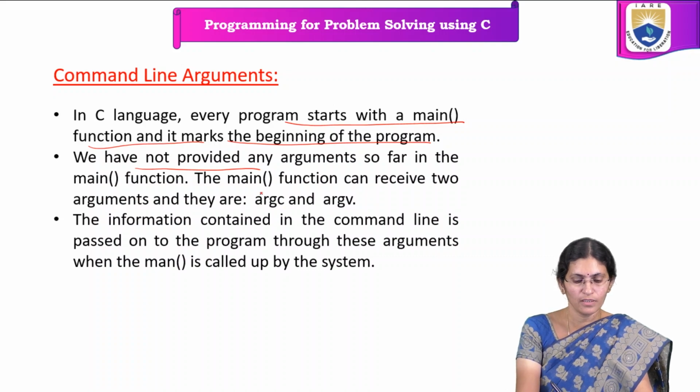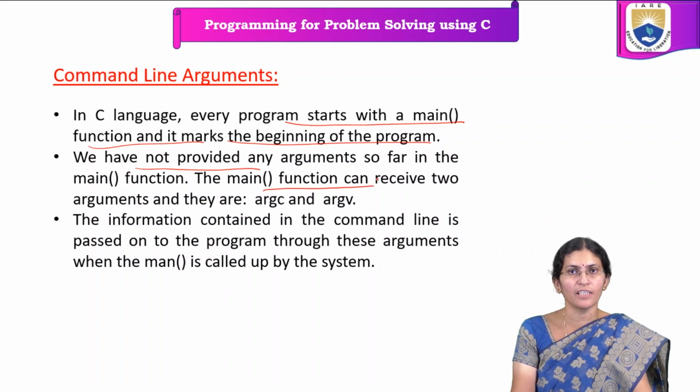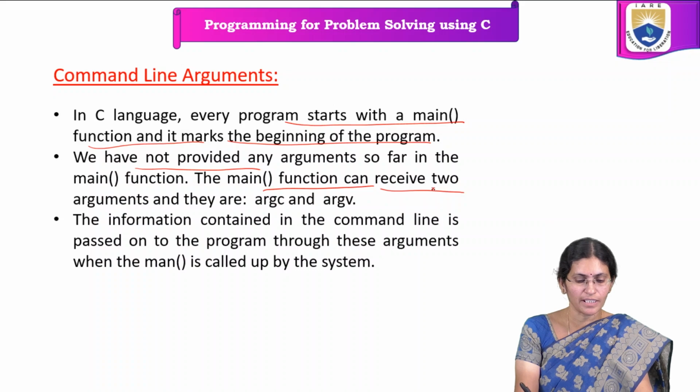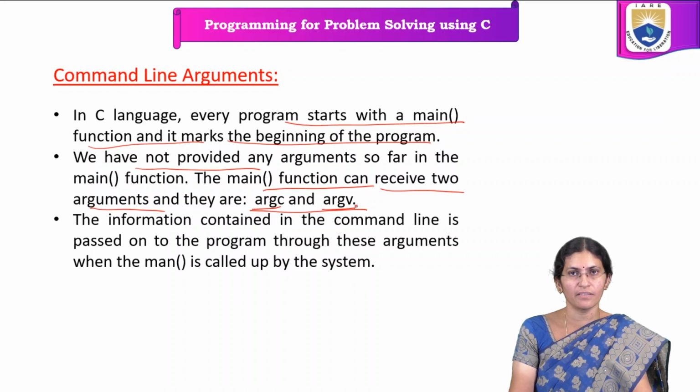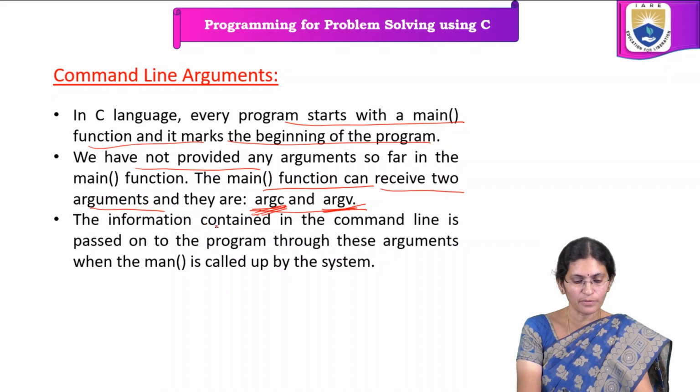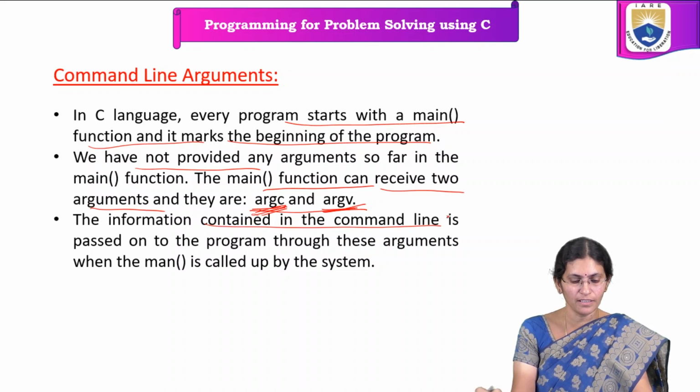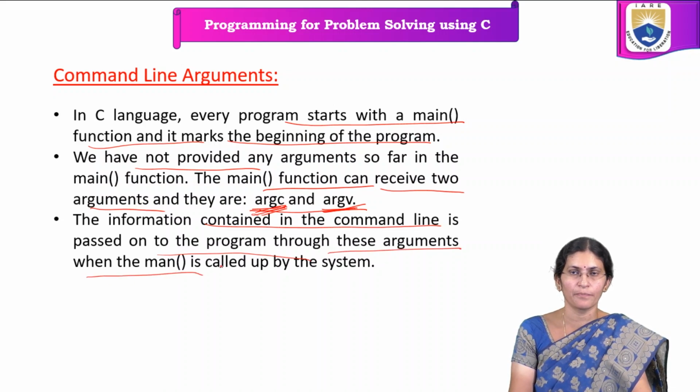With the help of command line arguments, the main function can receive two arguments: ARGC and ARGV. You can give any names to these, but generally they are given as ARGC and ARGV. Information contained in the command line is passed onto the program through these arguments when main is called by the system.